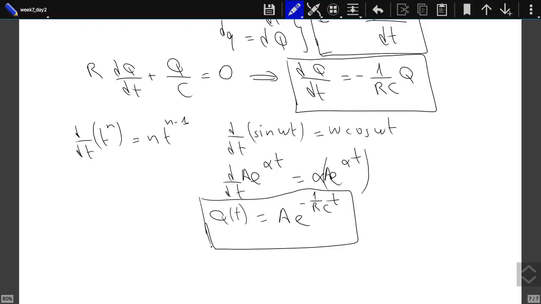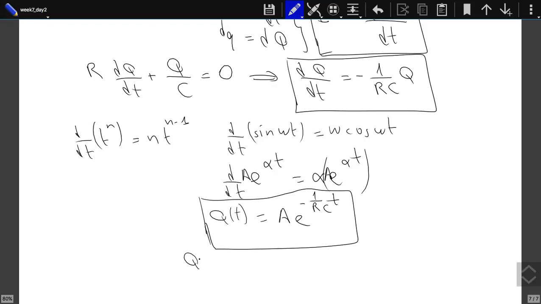Now, if you ask me how do you obtain this solution without this trial and error, trying all the functions, there is no way. Well, in this case, there is a way, but in general, there is no way. Solving differential equations, most of the time, is just you try all the functions you know. In first order differential equations, you can derive them, but again, trial and error is the most general solution.